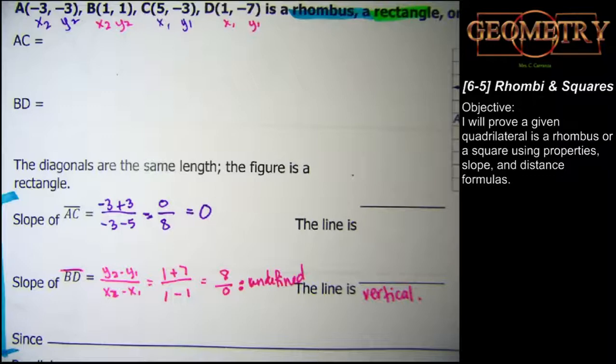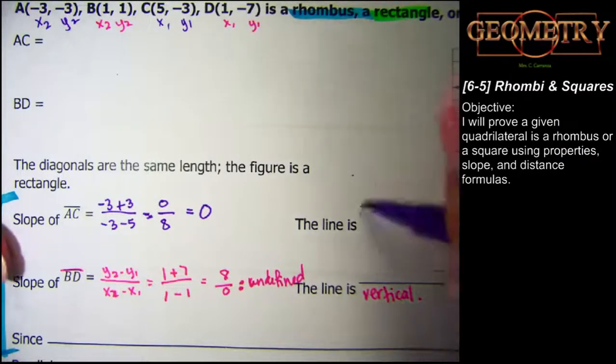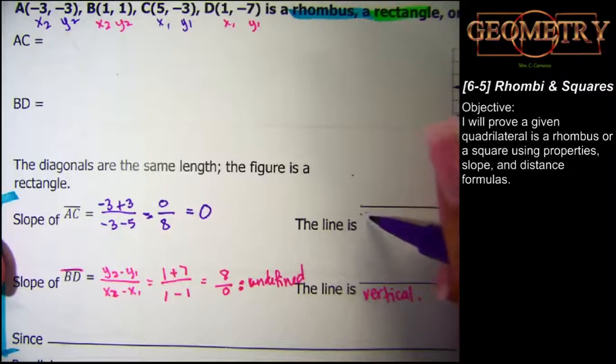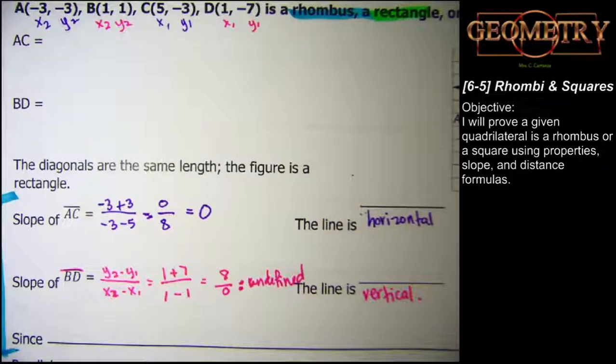You can divide 0. You cannot divide by 0. Okay? 0 on top is okay. 0 on bottom, totally not good. Remember, whenever you have a slope of 0, what kind of line is it? Horizontal. Thank you. And so this means that these two lines are perpendicular.